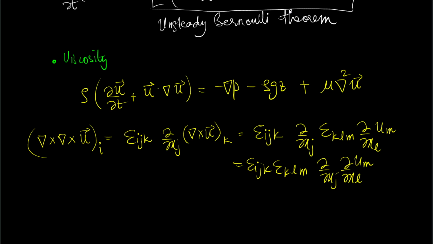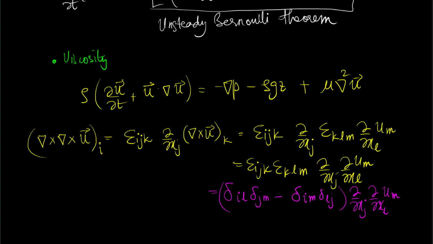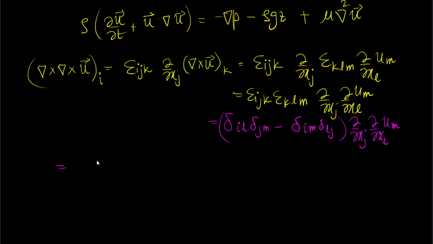Now we can make use of the epsilon delta relationship and write this as delta il delta jm minus delta im delta lj times del xj del xl um, and this is nothing but, so l will be equal to i and j will be equal to m.